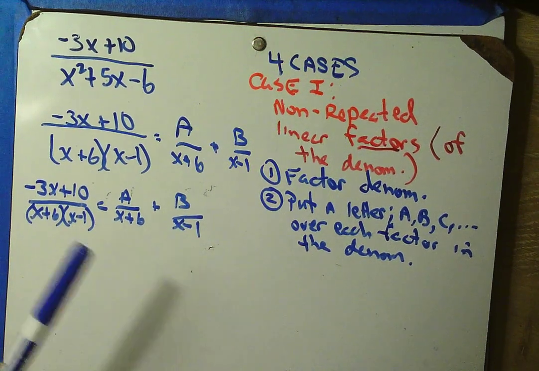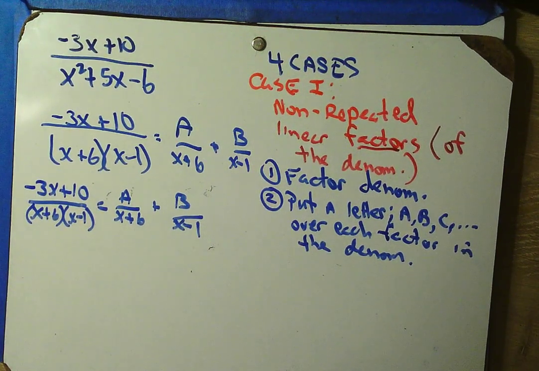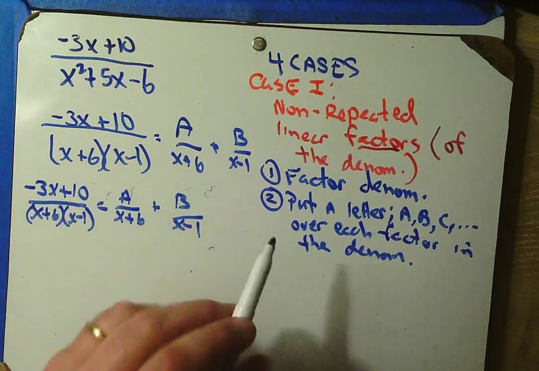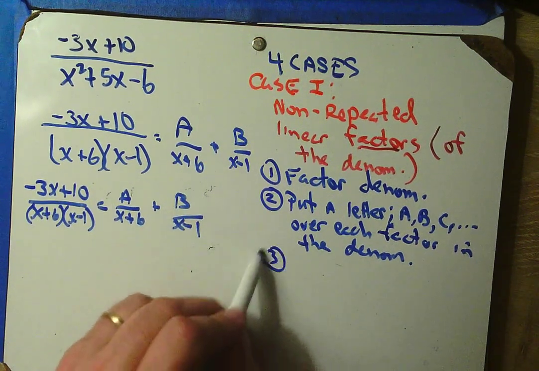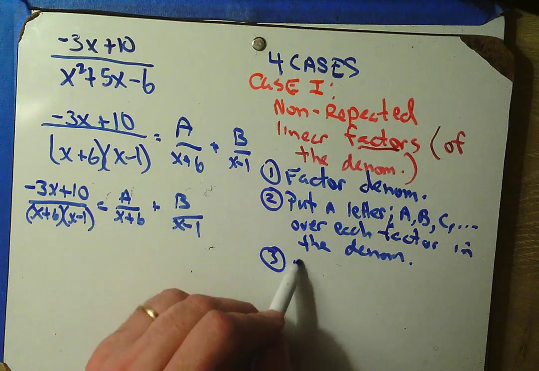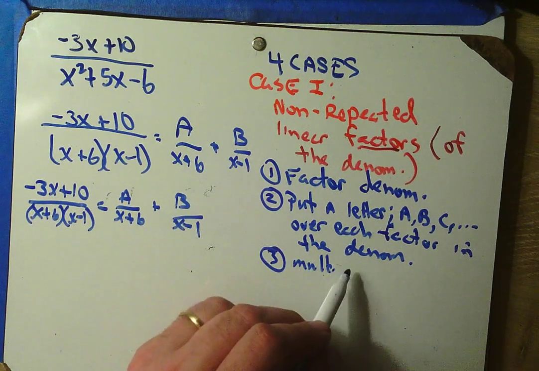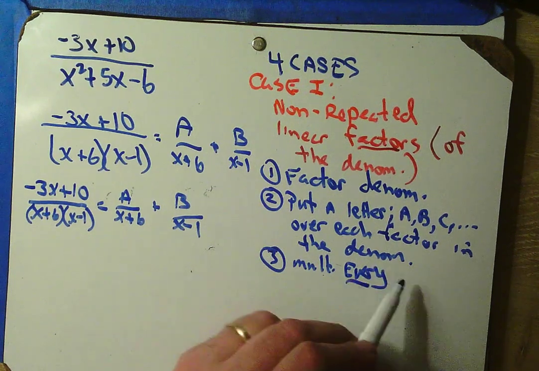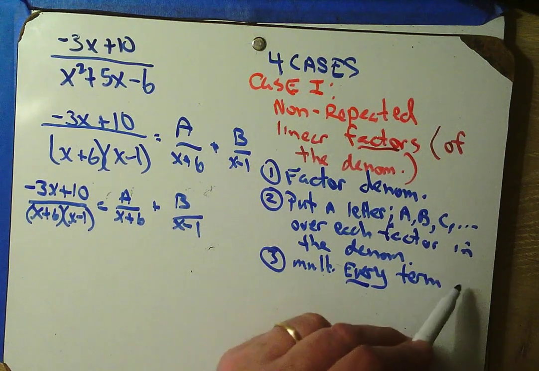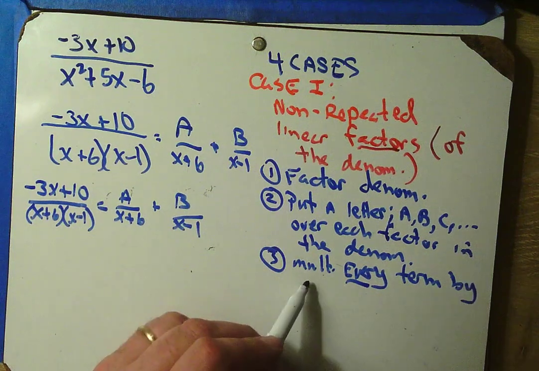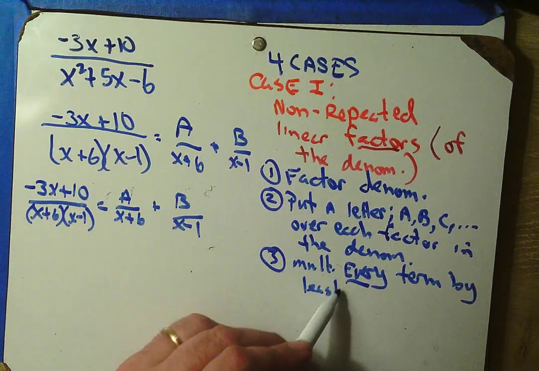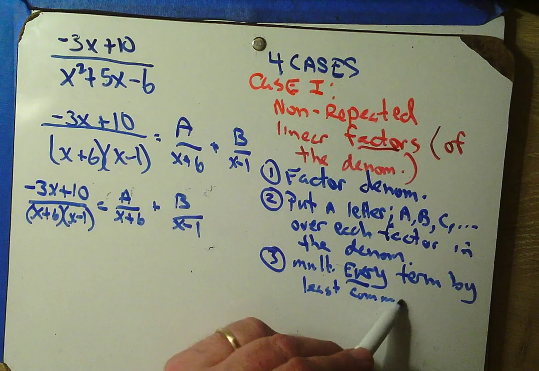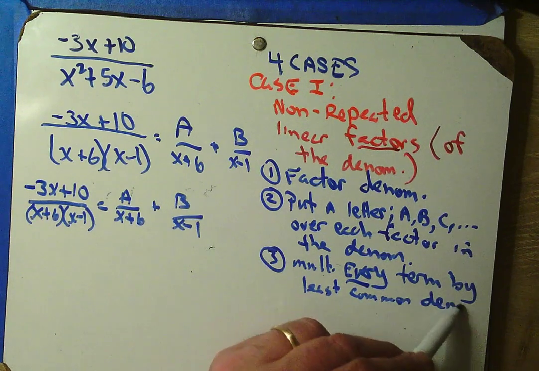And now this looks like one of those rational equations that we were solving back in the Algebra Basics unit. And so now we want to do step 3, multiply every, not some, every term by the least common denominator.